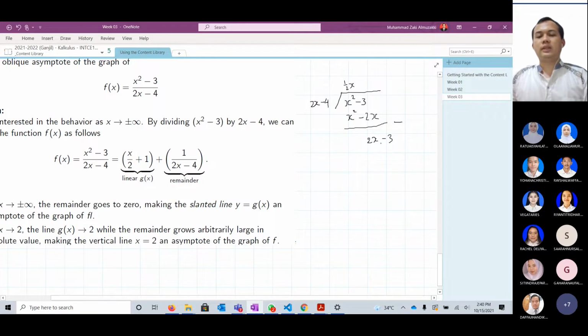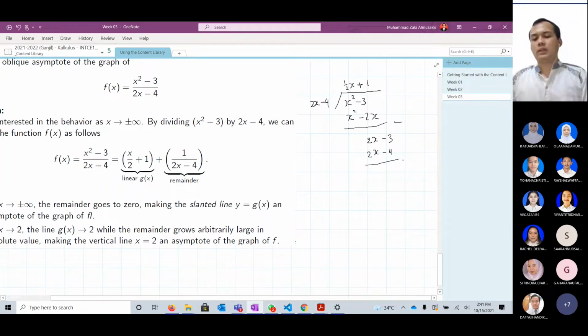And then after that, the next step, we divide again. So we have 2x minus 3. We divide the 2x by 2x minus 4. We get here plus 1. So now 1 multiplied by 2x minus 4, we have 2x minus 4.